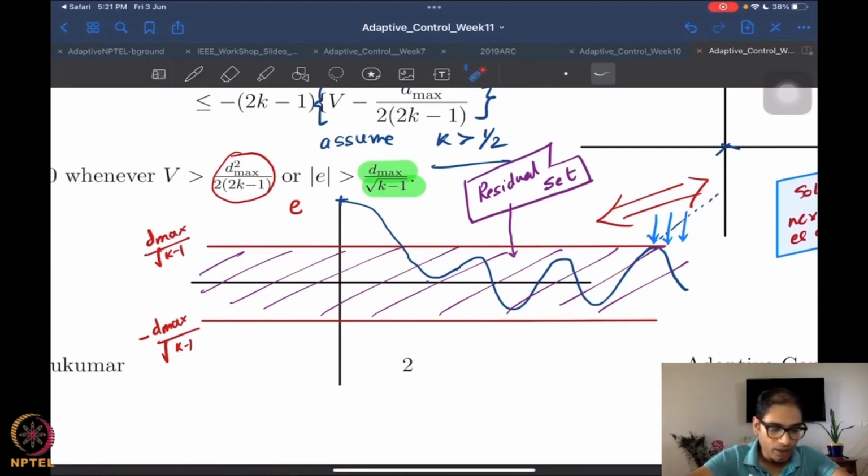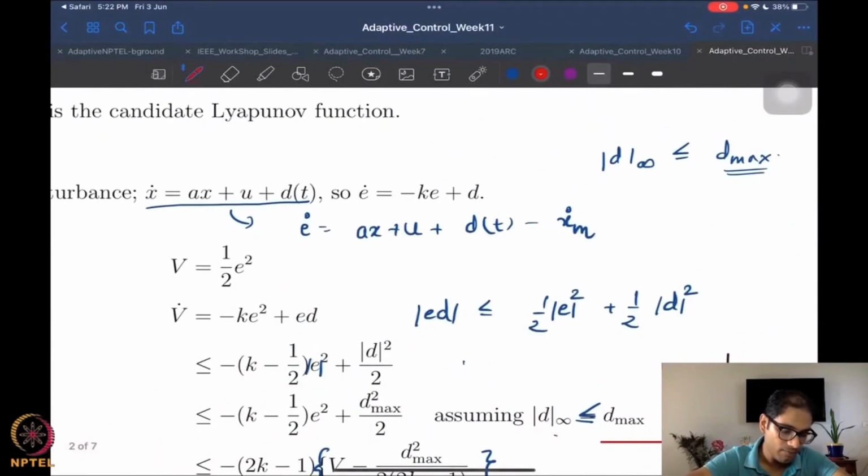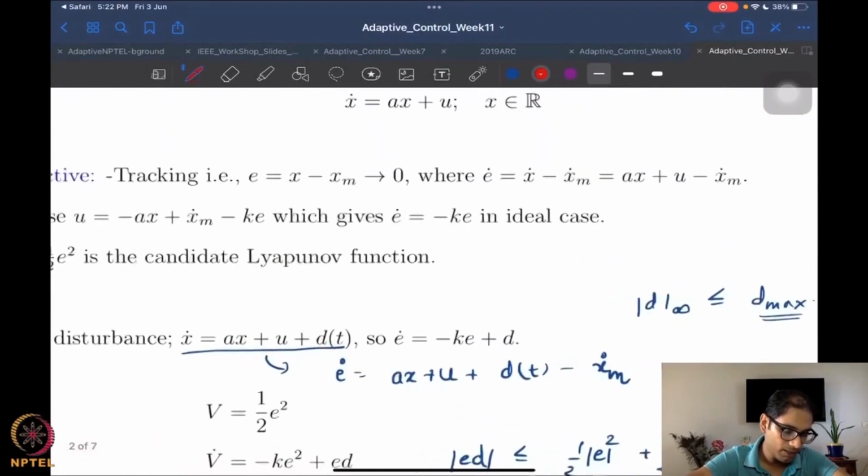Not only do you guarantee that you get within this set, it's important to notice that the size of the residual set is inversely proportional to your control gain, K. K is in your control. It's a control gain. Your control is something like this.